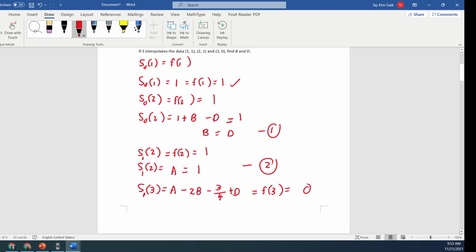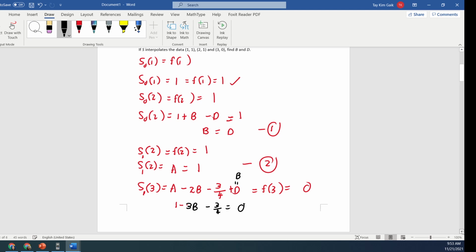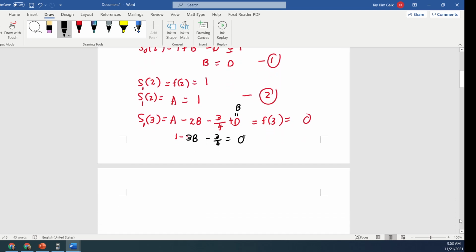Then we plug in A equal to 1, and D equal to B. So the total is 1 minus 2b minus 3 over 4 plus b equal to 0, because D is equal to B. Minus 2b plus b is minus b.